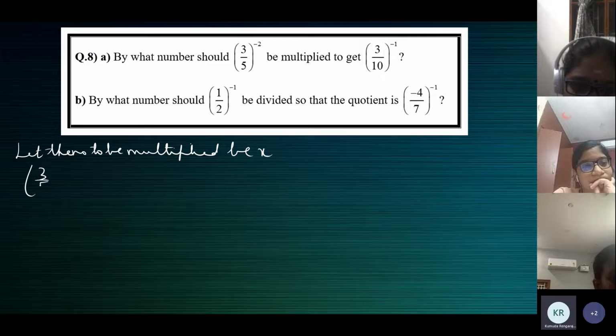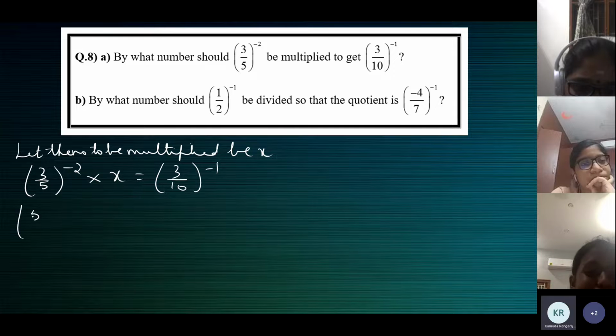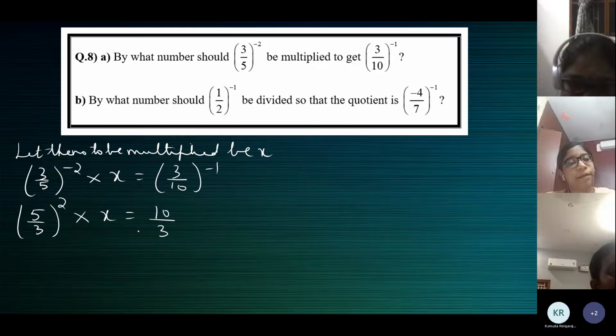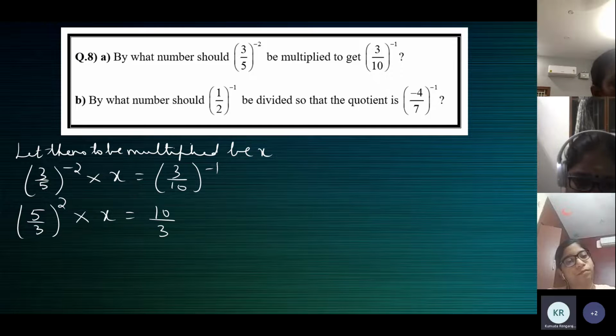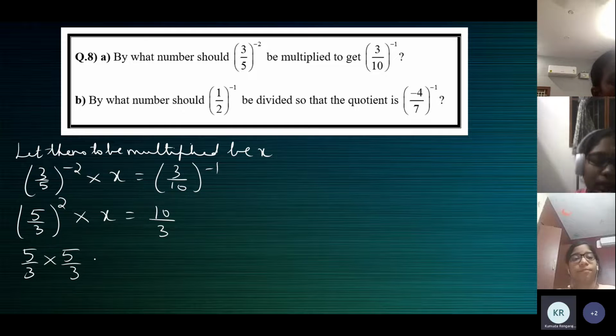So (3/5)^-2 multiplied by x is equal to (3/10)^-1. Now this becomes (5/3)^2 into x is equal to 10/3, since the power plus 1 gives simply 10/3. So this is nothing but 5/3 into 5/3 into x is equal to 10/3, correct? Yes, ma'am.